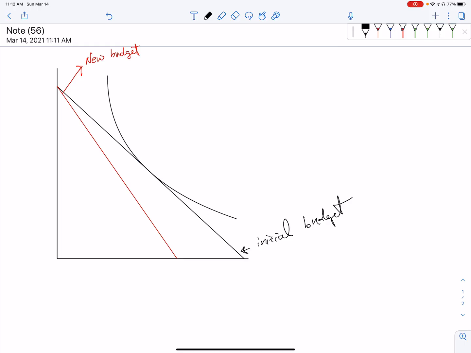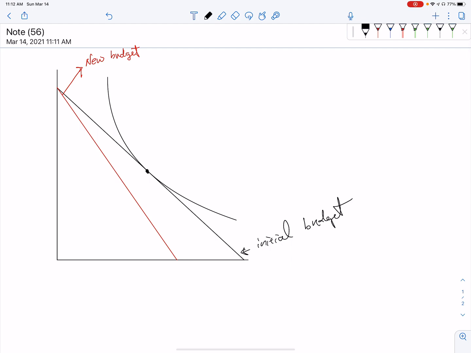Okay, so let's say your optimal decision was here. So this is the old optimal.